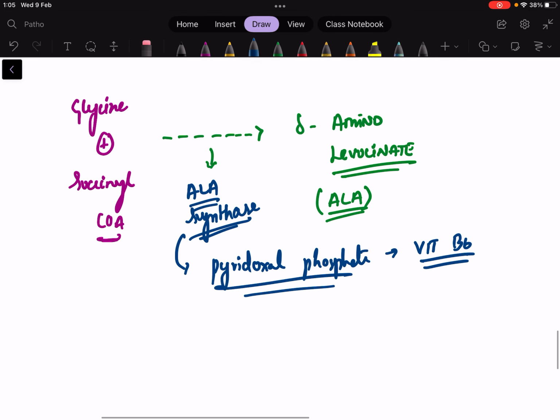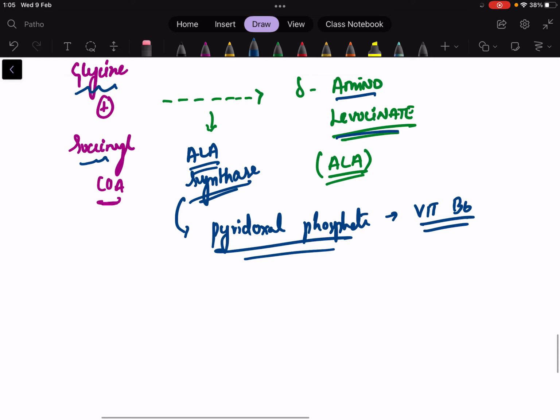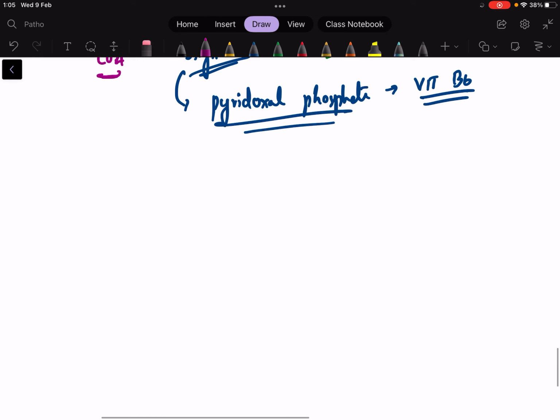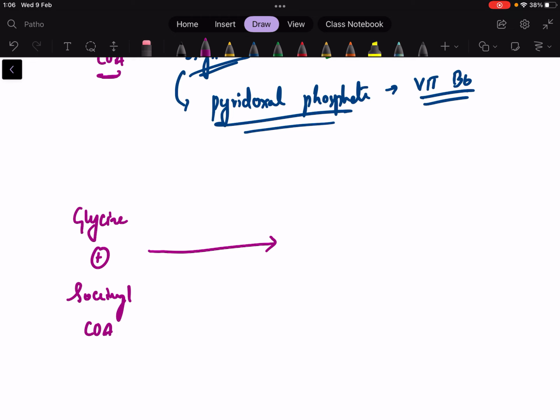So once again, glycine plus succinyl CoA will get converted into ALA, okay, by the enzyme ALA synthase, which is vitamin B6 dependent. So the step is quite simple here, but in detail the glycine plus succinyl CoA by the enzyme ALA synthase.